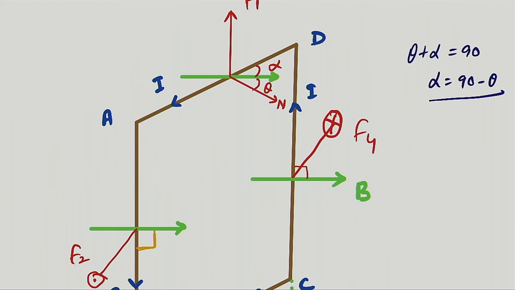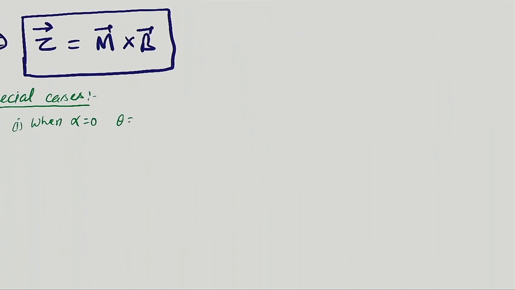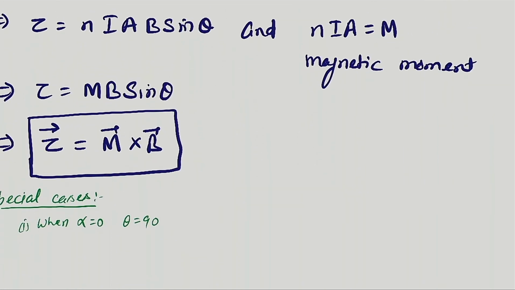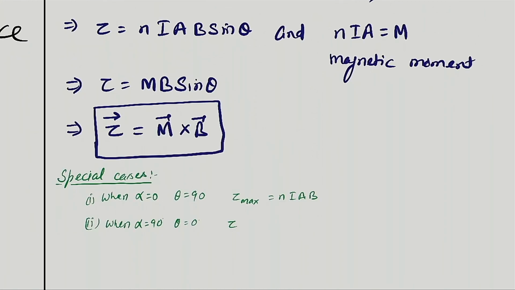So in that case, maximum torque will act on this, and the maximum torque will be NIAB. And second one, when alpha is equal to 90 degrees, or we can say theta is 0, then in that case no torque will act on this dipole and the torque will be 0.